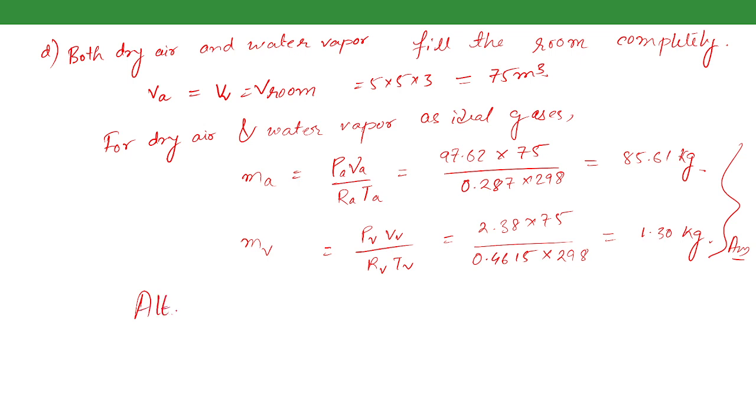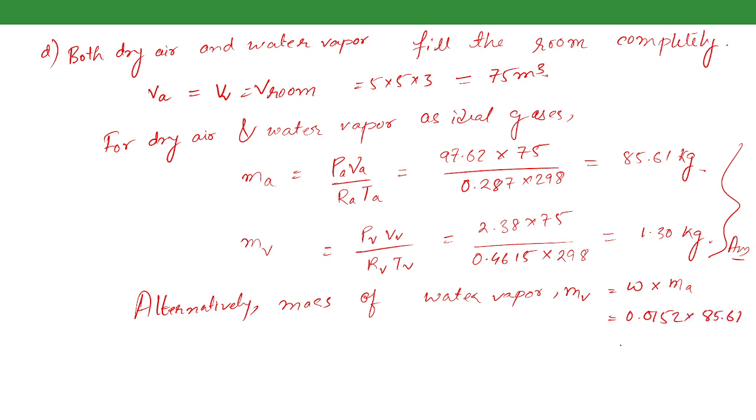Alternatively, the mass of water vapor can also be found from the specific humidity. So this is 0.0152 multiplied by 85.61 and it comes out the same, 1.30 kg.